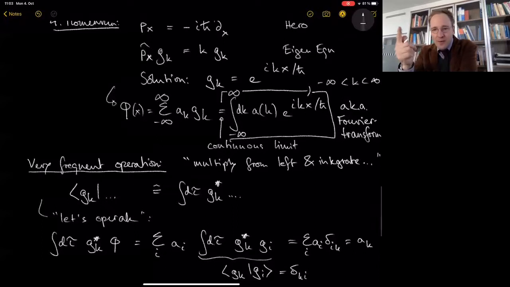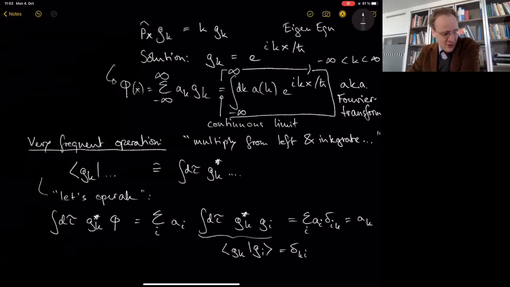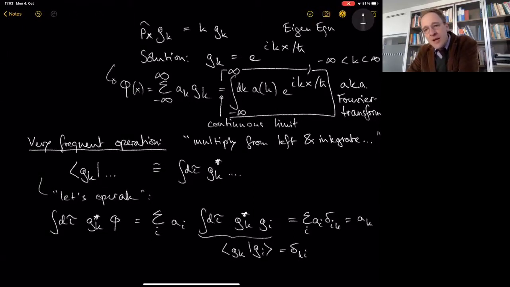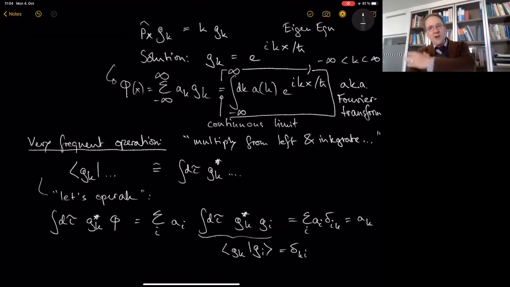We will see this again in the interpretation of quantum mechanics according to Born, that this is how you can get any of these coefficients. You can extract them from the entire series. So if you're interested only in this one prefactor, then all you have to do is multiply the whole series with the corresponding eigenfunction, and out it comes.